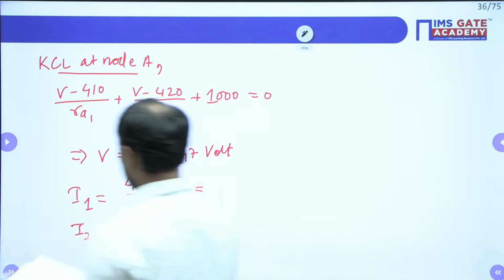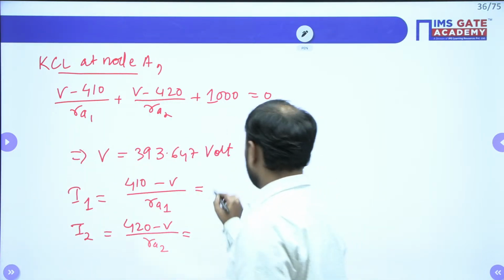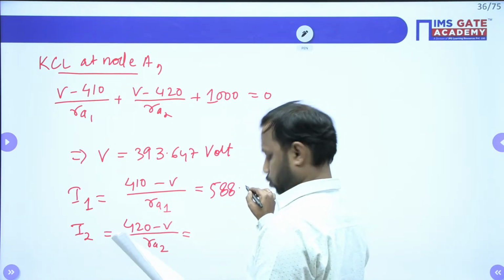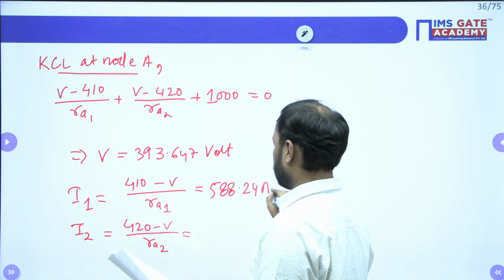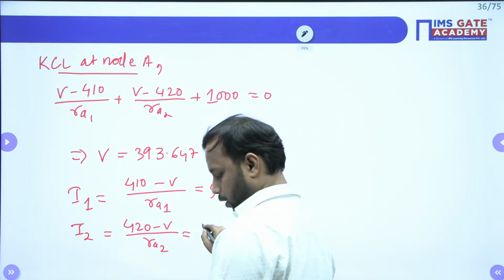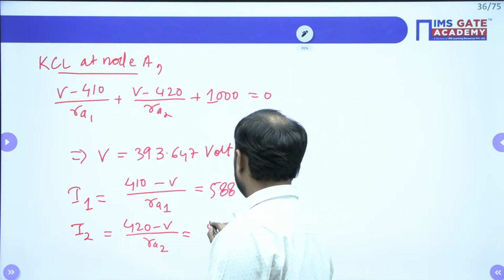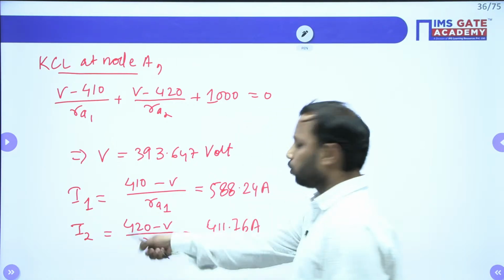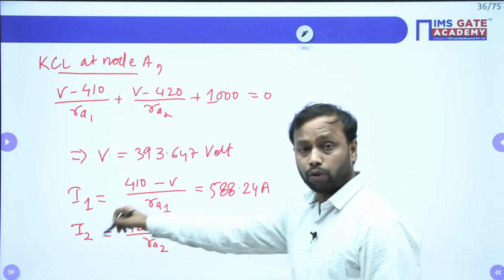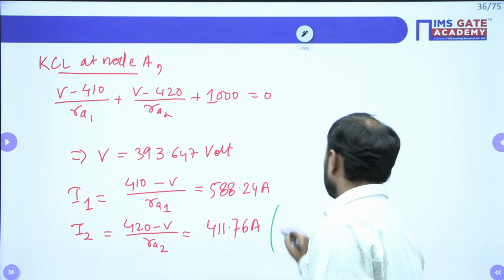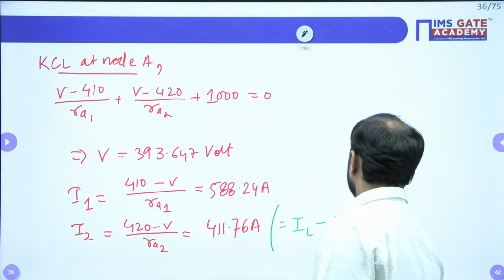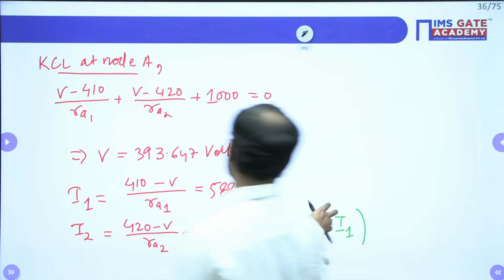So I1 will be equal to 588.24 ampere, and I2 is equal to 411.76 ampere.